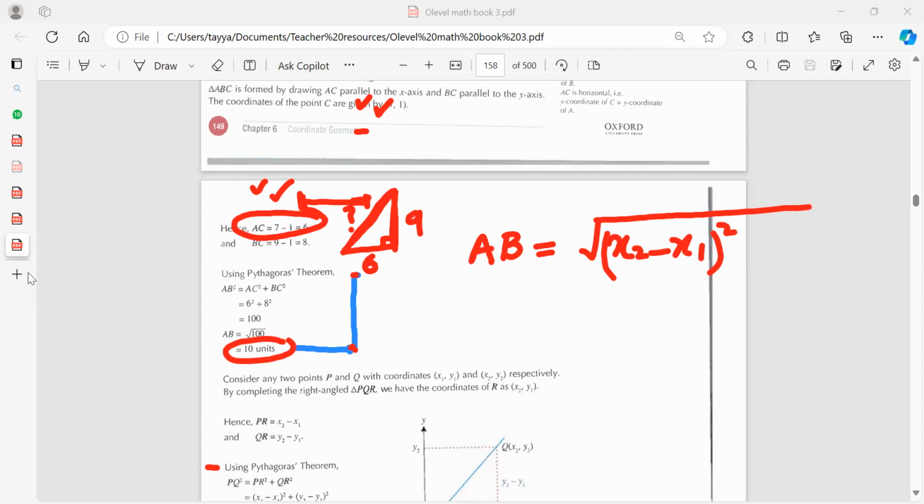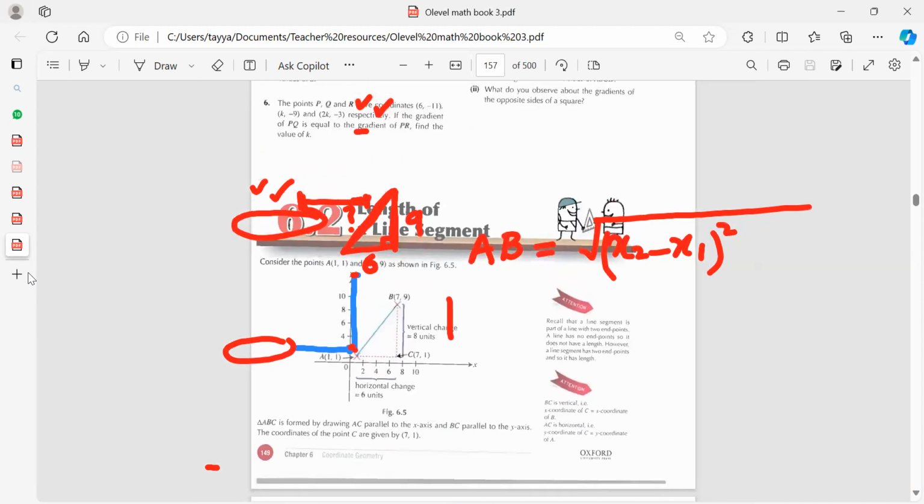Which one is x2? This point is x2. This one is (x1, y1) and this one is (x2, y2). Right? So x2 minus x1 is the distance of AC.